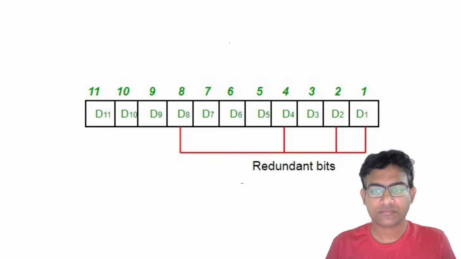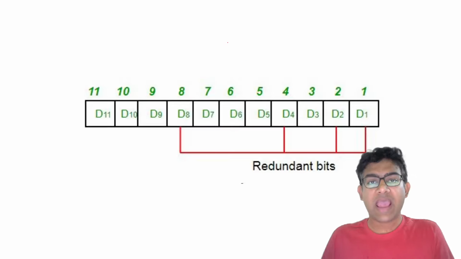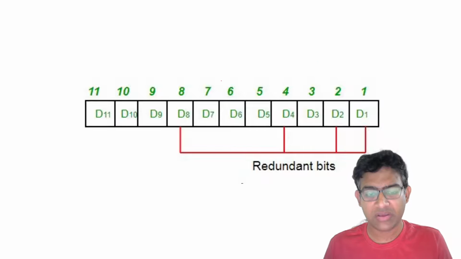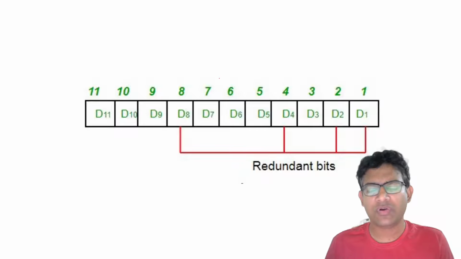Okay. So where do we add those redundant bits? Unlike CRC, we do not add those redundant bits to the end of the data word. Here the redundant bits are dispersed, they are spread throughout the body of the code word.